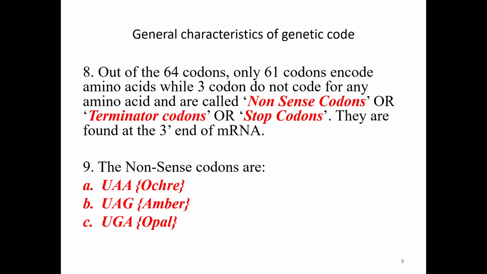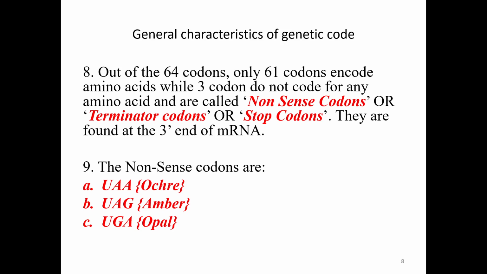So, where are they found? They are found at the 3' end of mRNA. So, which are those terminator codons or stop codons? UAA, UAG, UGA. I repeat, UAA, UAG, UGA are known as terminator codons.